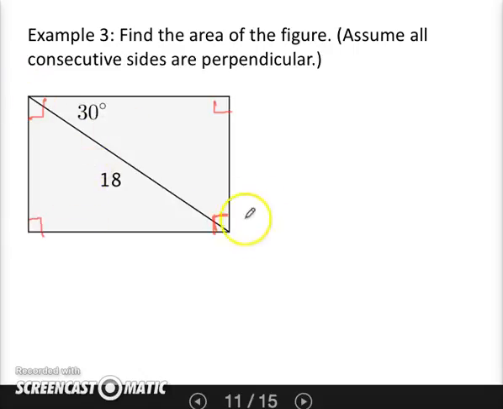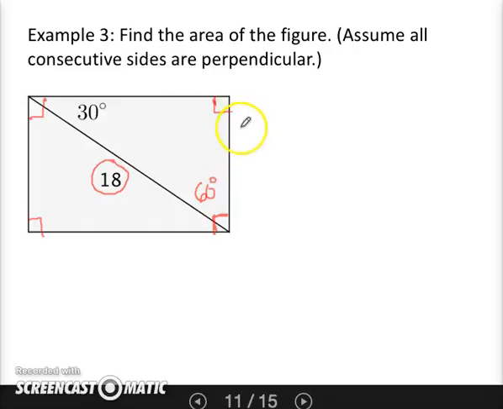All they're telling us is the measure of the diagonal, and they're giving us that this angle measures 30 degrees. So fortunately, we recognize special triangles now. We know that this must be a 30, 60, 90 special triangle here. So since we know the hypotenuse of that special triangle, we can easily find the two legs.